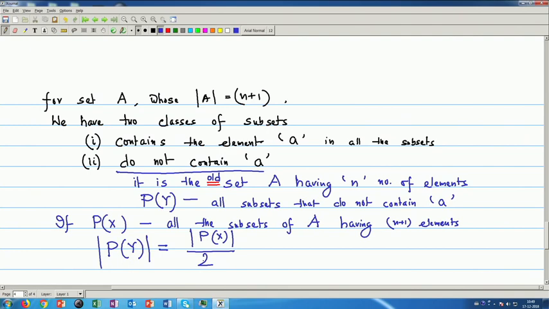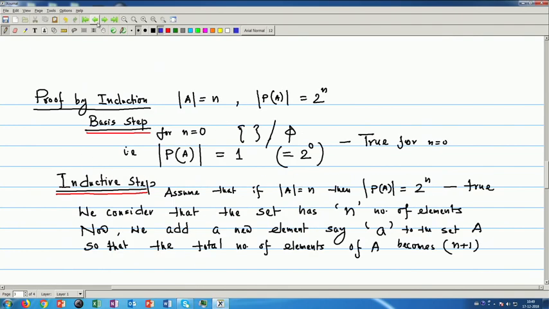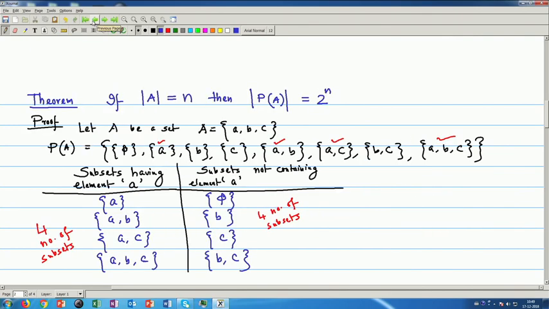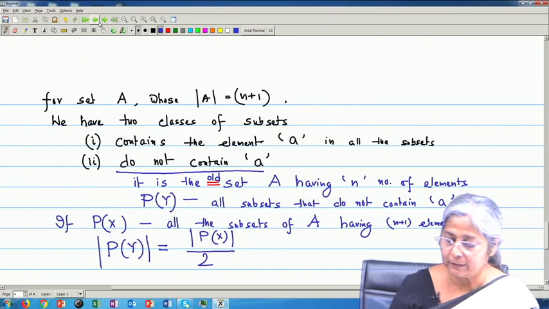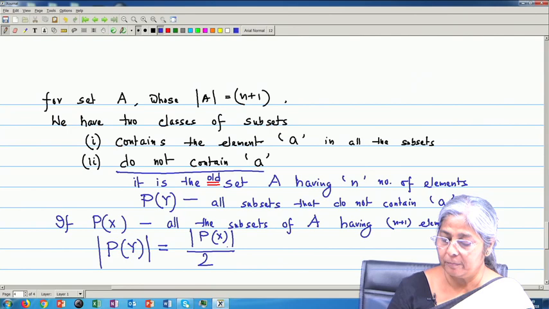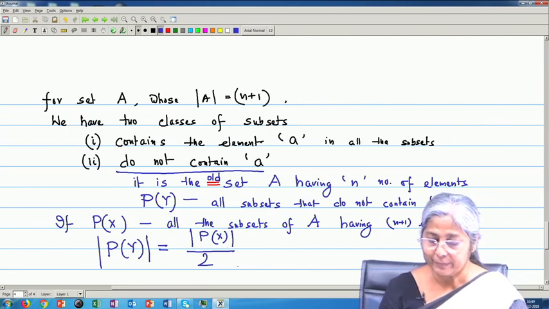Since from the property we have seen, always if we consider one specific element, half of the subsets contain that particular element and half of the subsets do not contain it. So, applying that property, the cardinality of P y is the cardinality of P x by 2.